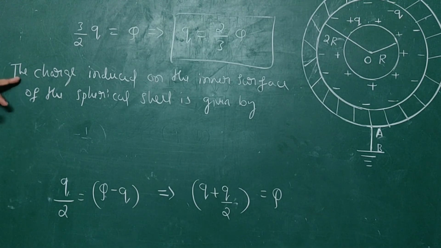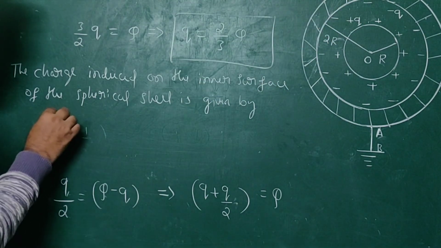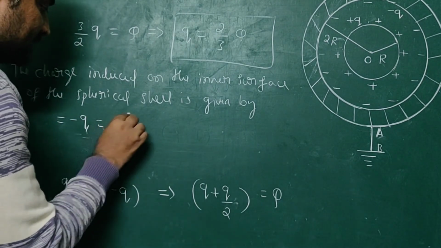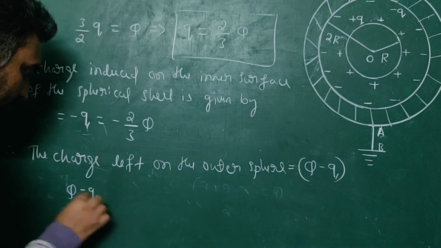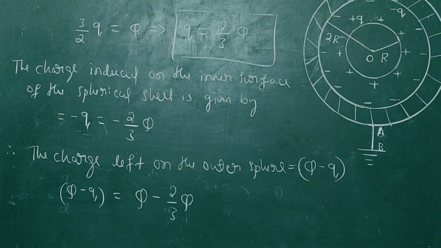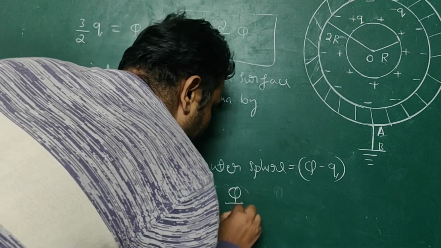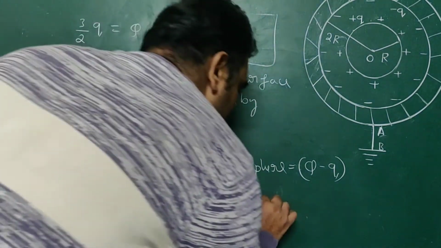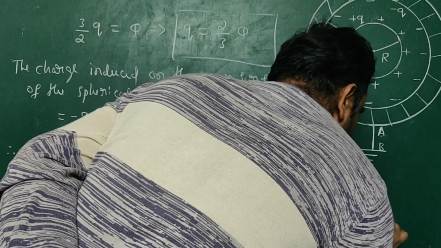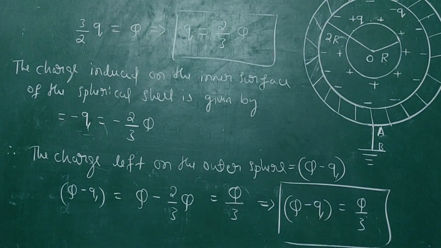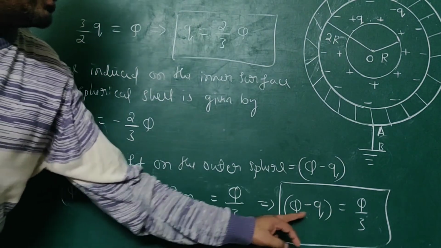Therefore, the charge induced on the inner surface of the spherical shell is minus q, which equals minus 2/3 into capital Q. The charge left on the outer sphere is given by capital Q minus small q, which equals Q minus 2/3 Q, which is Q/3.